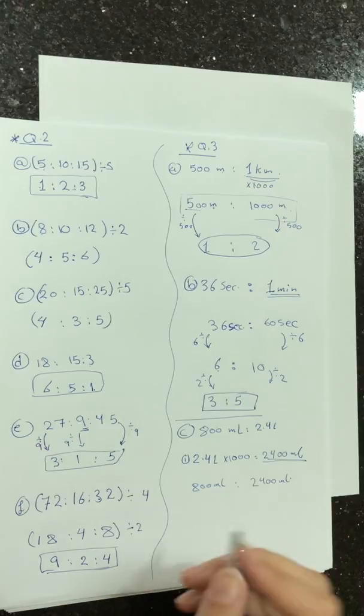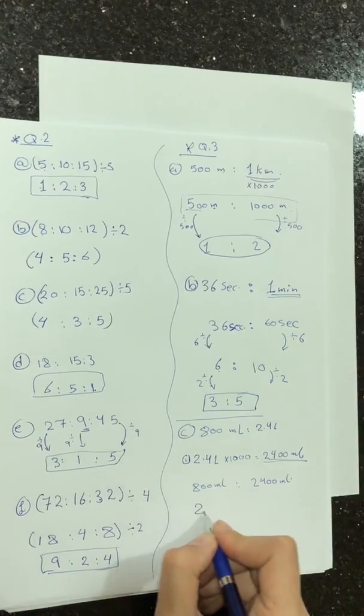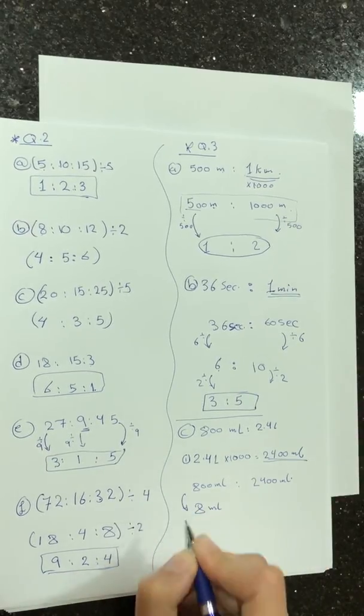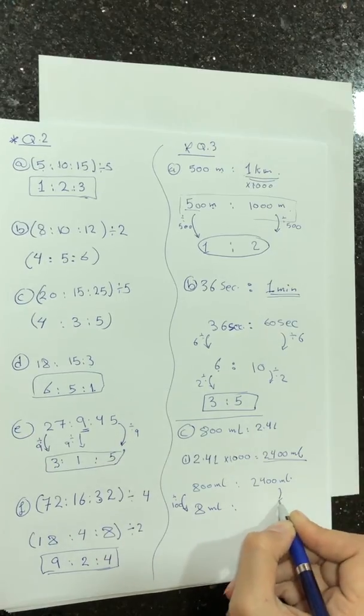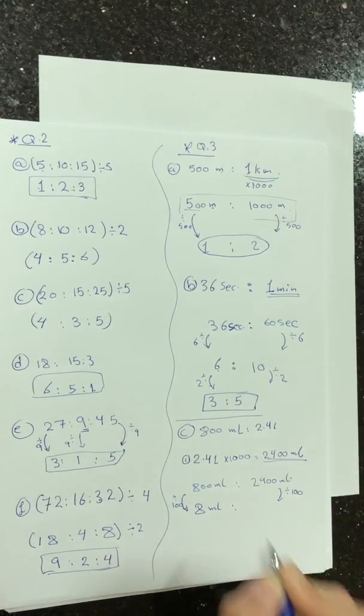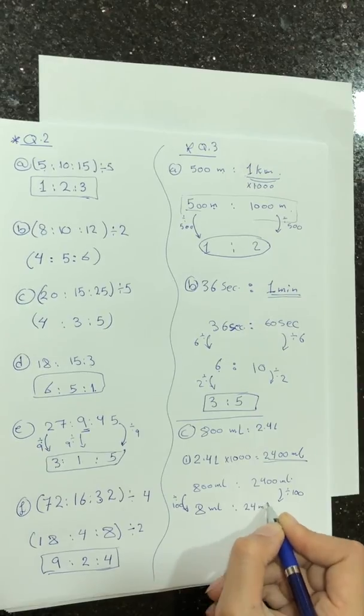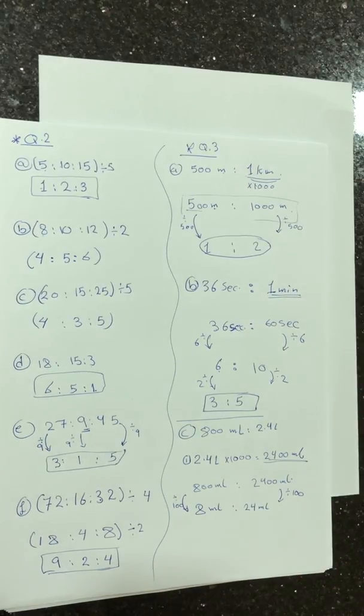Now, I can divide both numbers by 100. I'll get 8 milliliters to 24 milliliters. Of course, you can divide by 800 all at once, but I'm trying to show you that there is more than one way to get the simplest form. Some of you might use different ways to do different things.